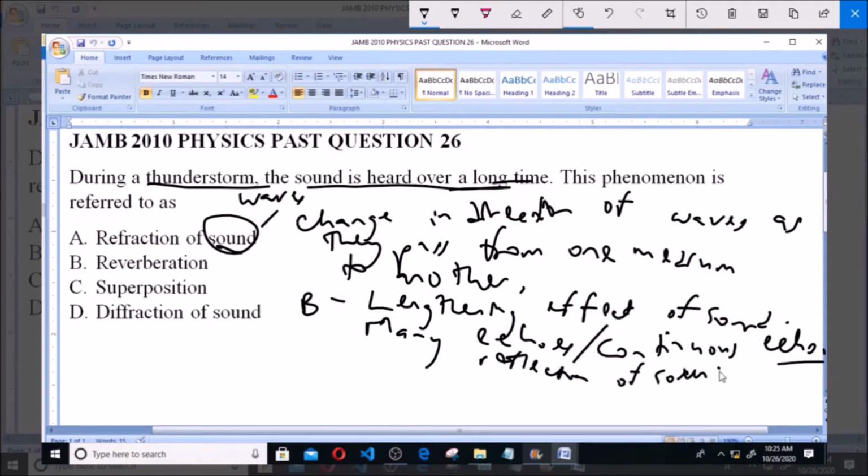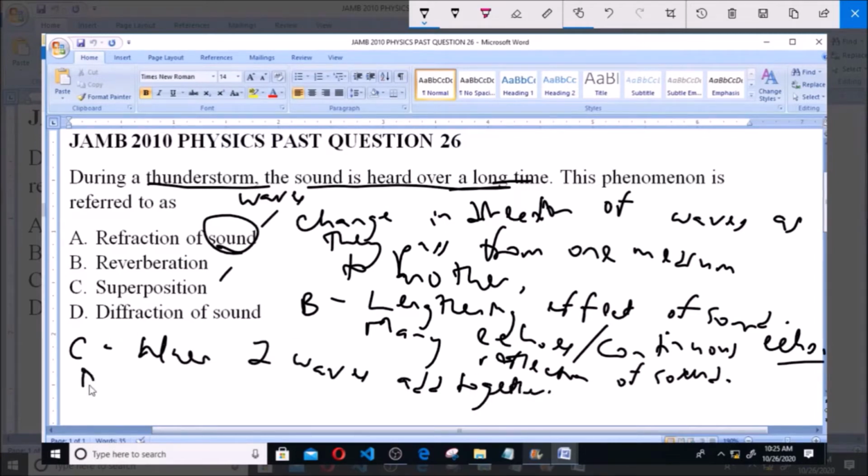Okay, now option C says superposition, and superposition simply refers to when two waves add together.